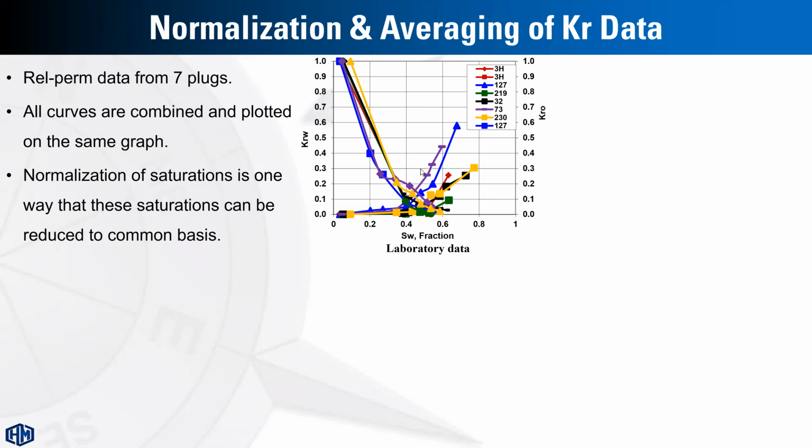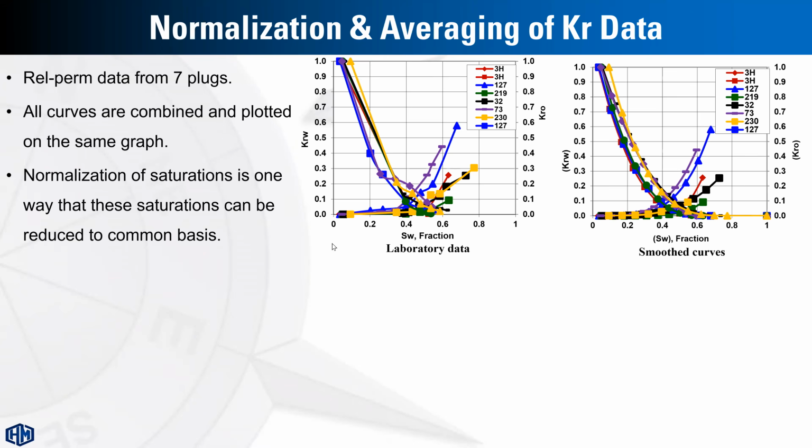As you can see, mostly we have different relative permeability curves for different rock samples and core samples. So these curves must be normalized and averaged to get a single curve representing a specific rock type or specific facies.